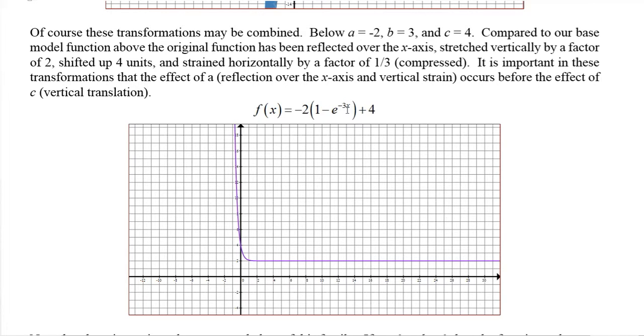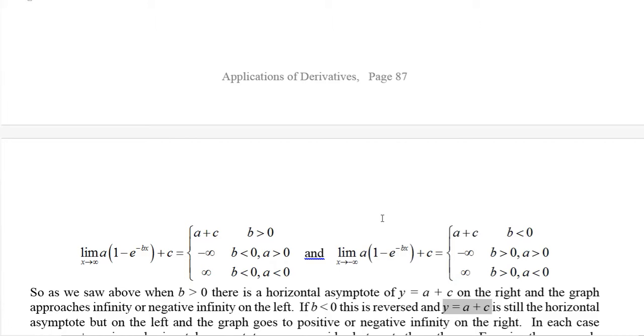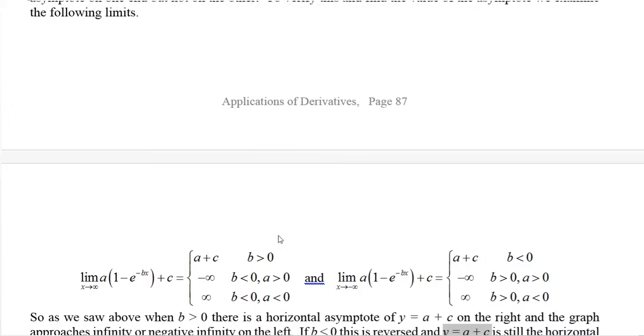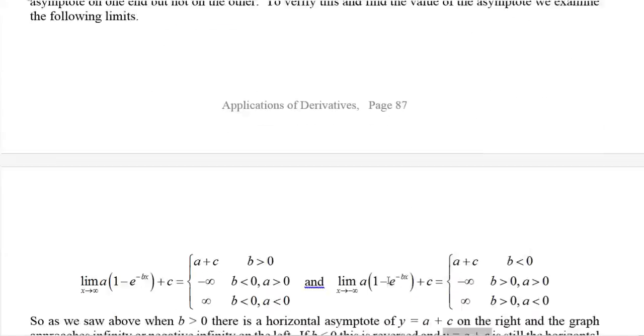No, a plus c, excuse me. That's what it's supposed to be. Negative 2 plus 4, that's 2. And there's your asymptote, it's 2. It's a plus c, right? Yeah, a plus c. And that happens when b is positive, and b is positive here. It's 3. And we're going off to infinity over here.